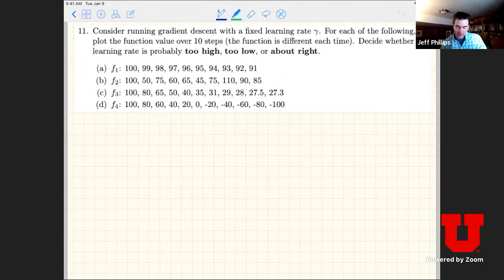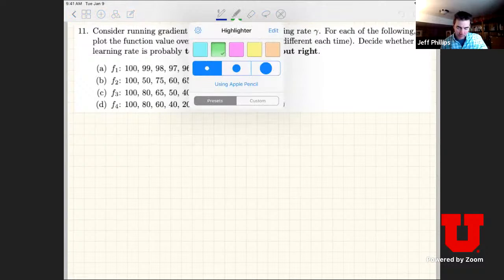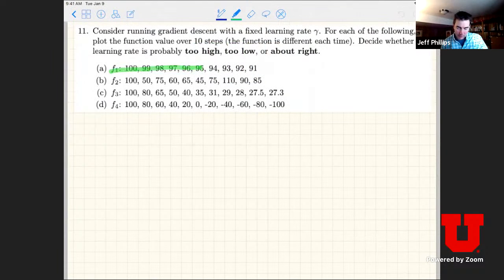Let's look at this first one. For F1, the function value is going down by 1 every step. Is this going down too quickly or too slowly? We could probably go down faster at this rate, since we're not slowing down.